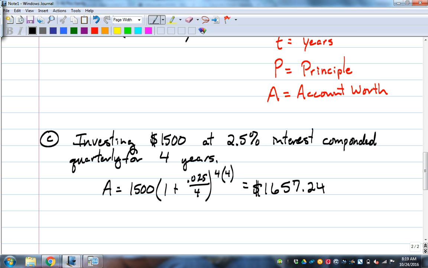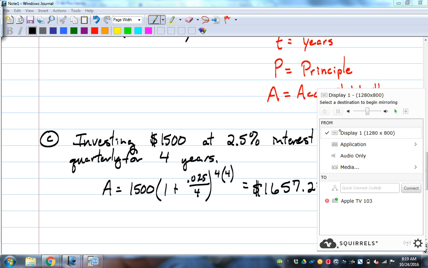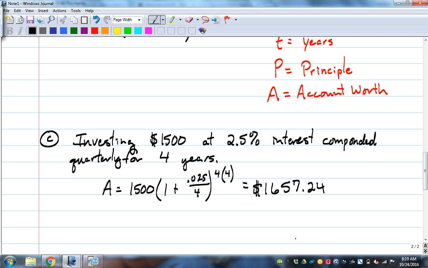And you multiply it, work that up. $1,600.57 or $1,657.24. Little bit more money than what we made with simple interest. Not much, $7.24 more, but that's still more out of that with compounding quarterly instead of simple interest. So you get a little bit more on that investment there.